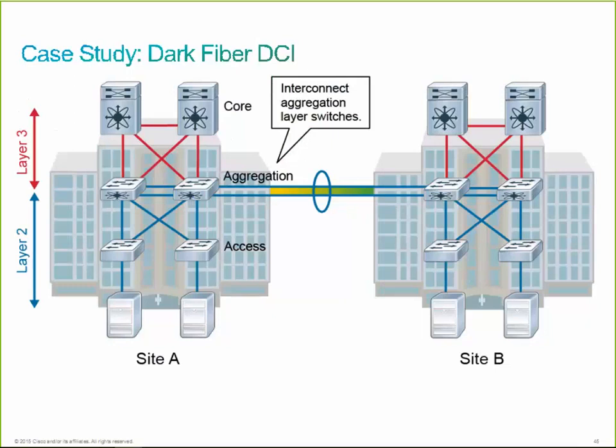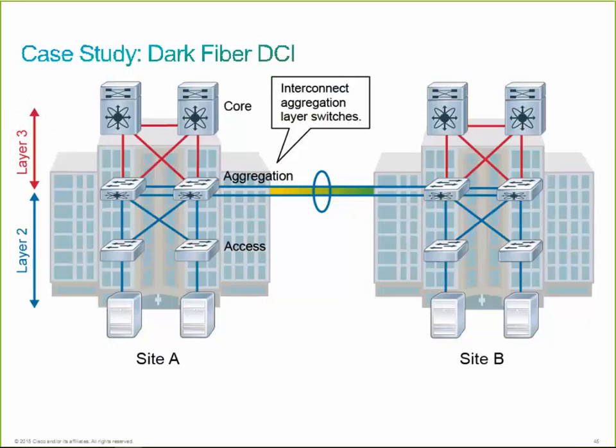To exclude any layer 2 loops, we're going to bundle those links together using multi-chassis EtherChannel. We're going to join the aggregation switches on both sides with some sort of VSS configuration or vPC configuration, and then that's going to give us that high bandwidth, highly redundant connection end-to-end with a fully redundant layer 2 network without the need for things like spanning tree or other technologies, right?